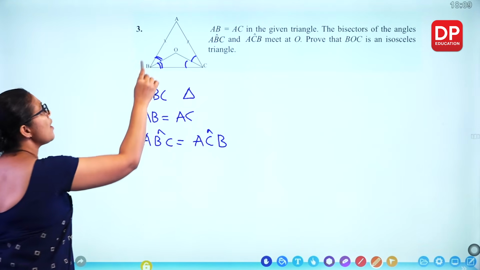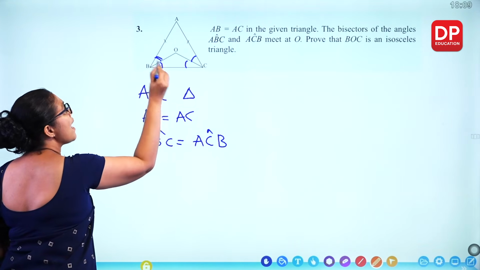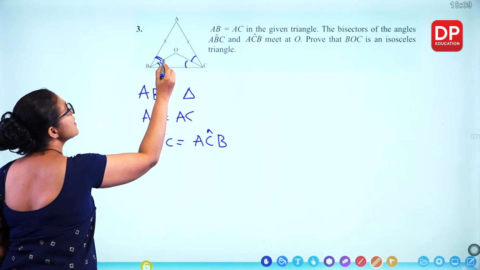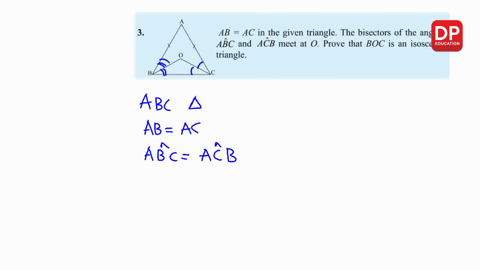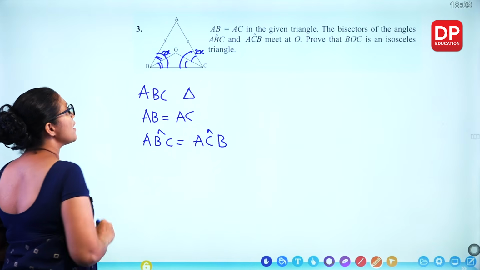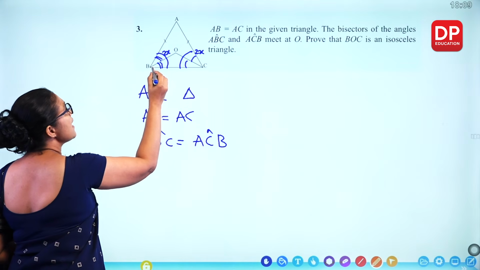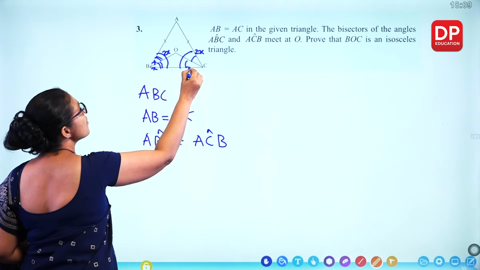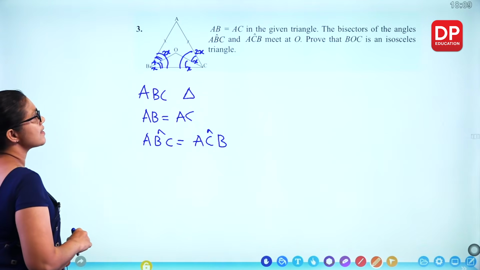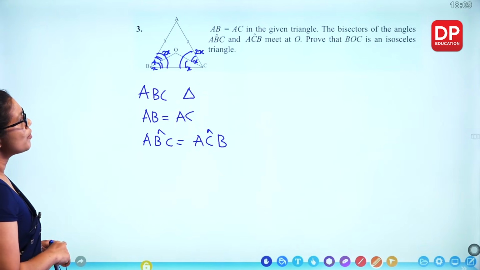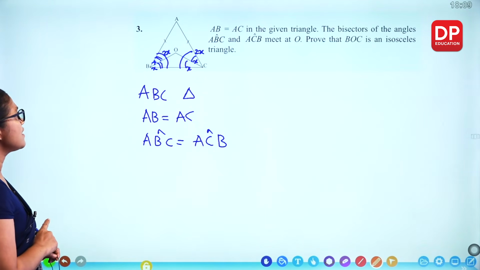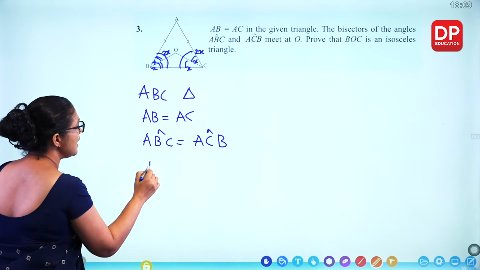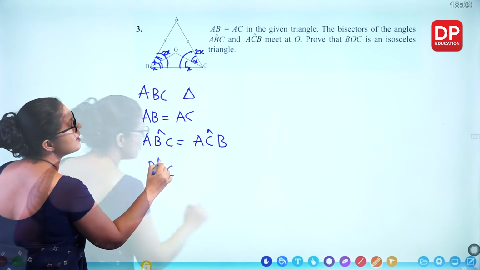So if these two are equal and this is a bisector, what can you write? If this whole thing is 2x, this is also 2x. But we know this is a bisector, so this is x, this is x. So this is also x, this is also x. We need to prove that BOC is an isosceles triangle. Now look carefully at the BOC triangle. What can you say?